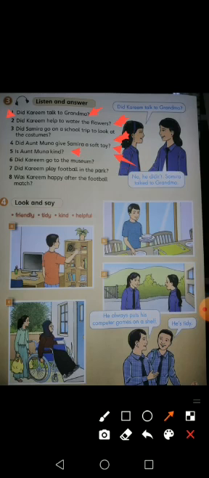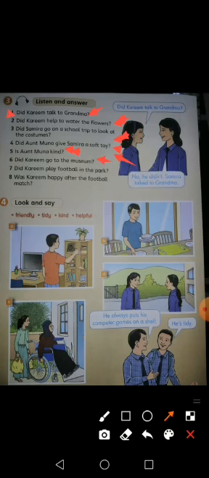Number 5. Is Aunt Mona kind? Sorry for that. Okay, so is Aunt Mona kind? Yes, she is kind. She is what? She is kind. Number 6. Did Kareem go to the museum?